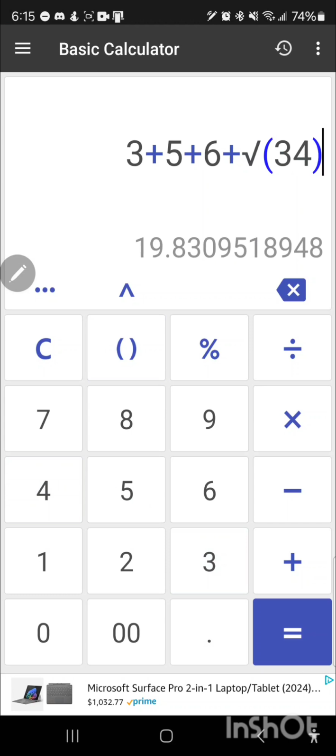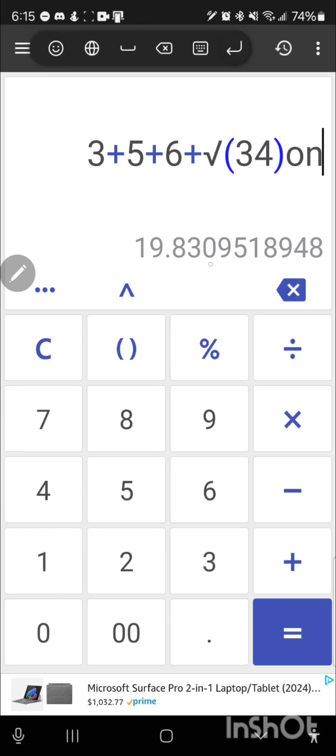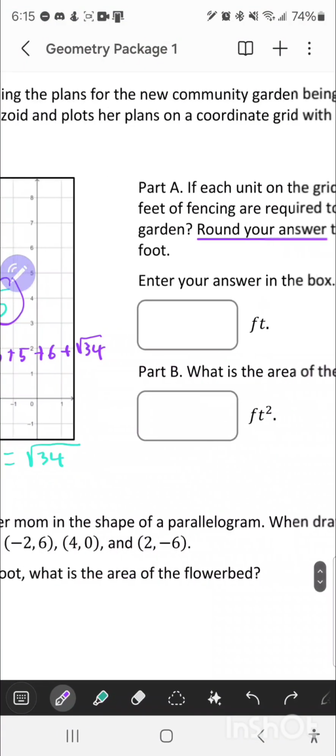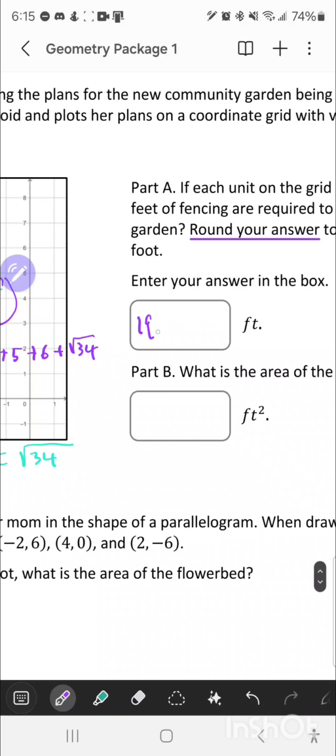It says 2 places after the point, so the trailing 0 doesn't count, and 2 places after the point will be 83. So my answer is 19.83, and this is what they are asking for.